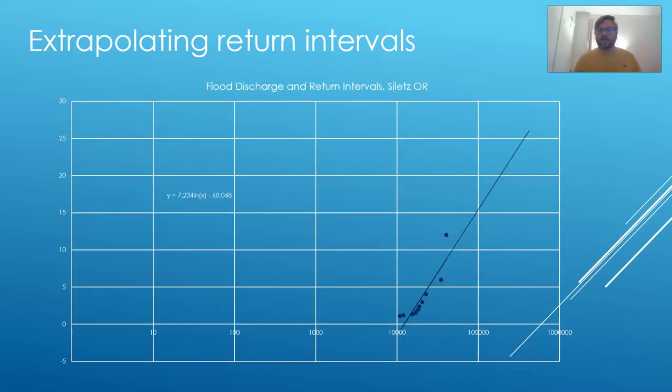So we can graph these. If we graph the discharge amount, the size of the flood, versus its return interval, we get a chart like this, and we would calculate the trend line through that, and we could use that trend line to extrapolate the size of floods of larger return intervals.